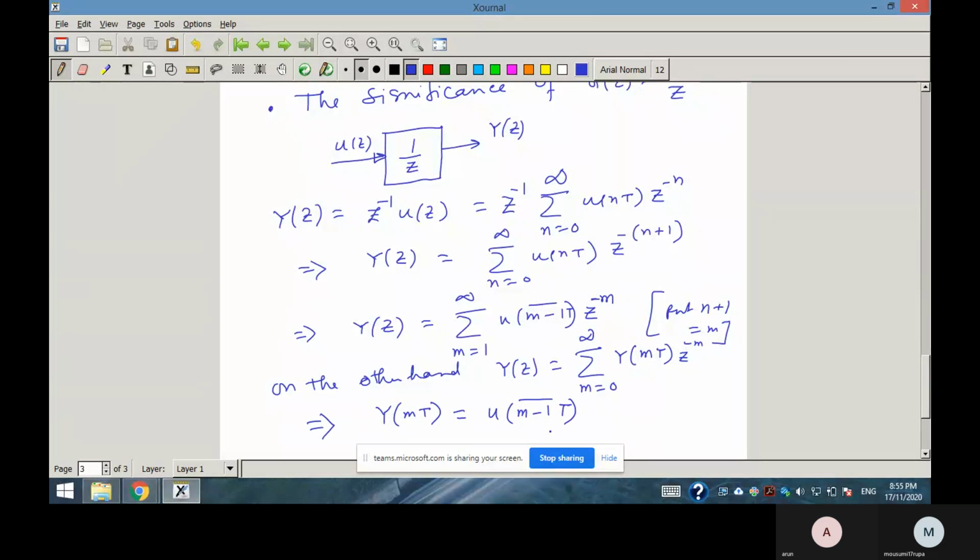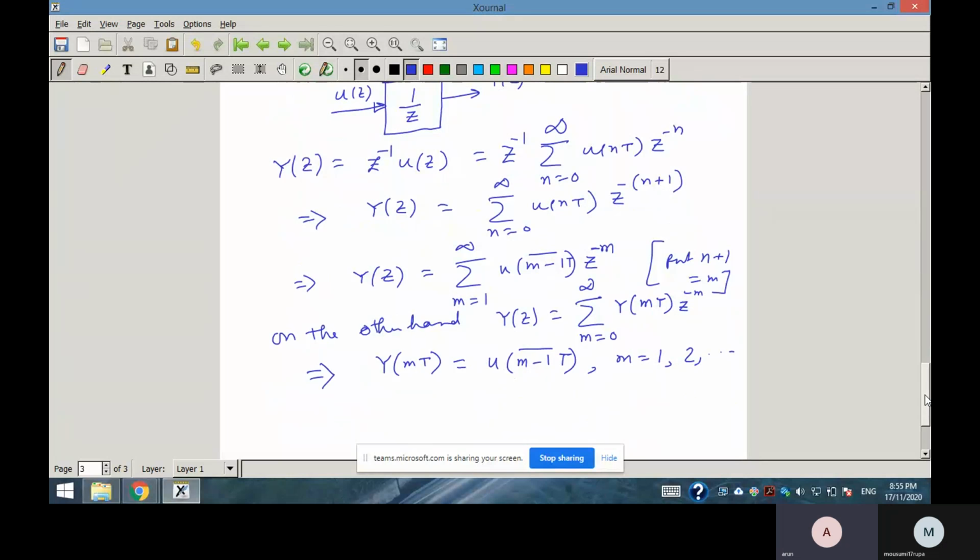That means if we apply y0, so m equal to 1, 2, and so on. If you apply y0, then y1 equal to u0, y2 equal to u1, and so on.